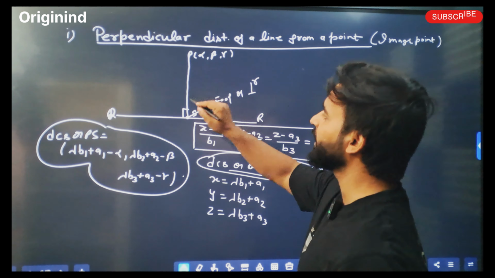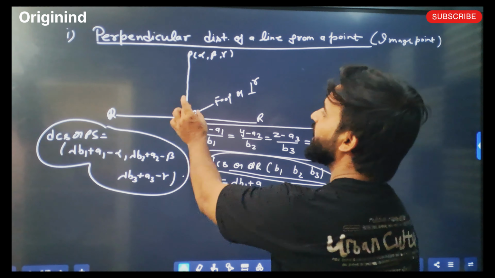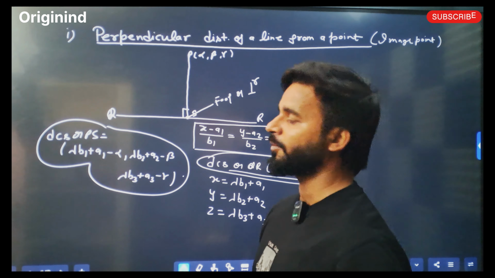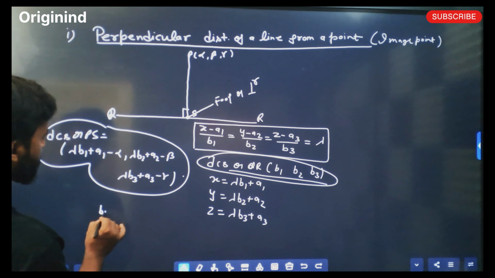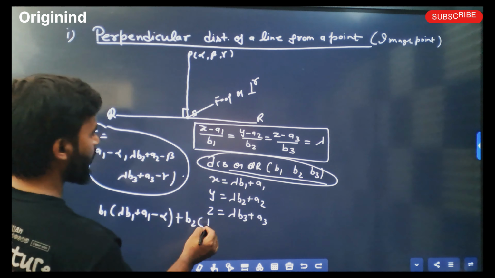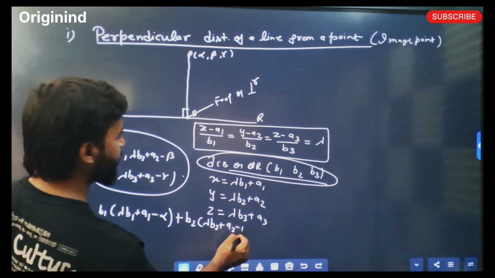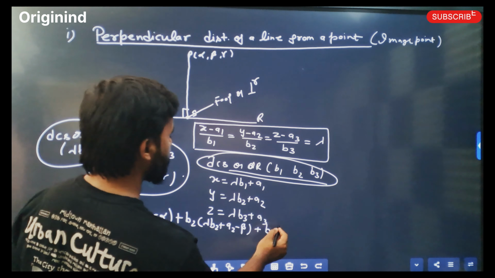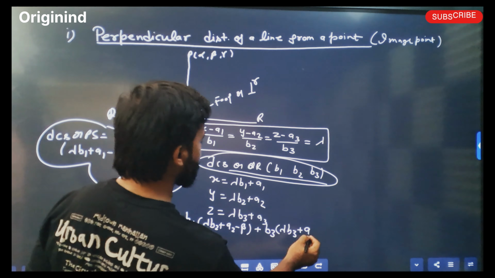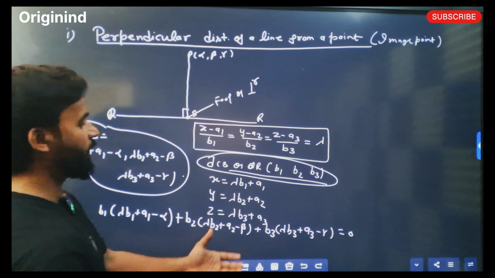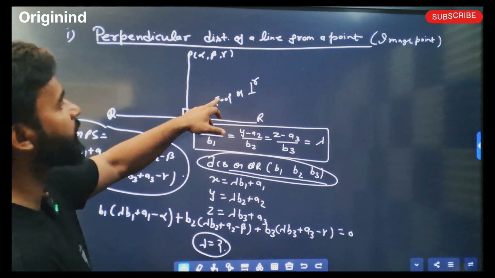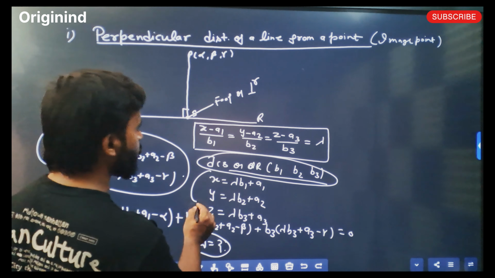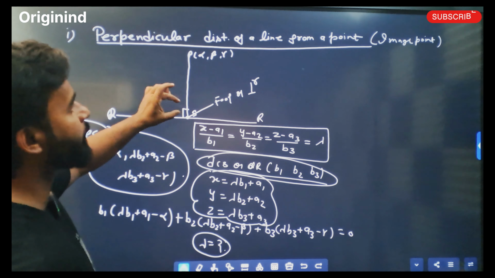Our concept is that the lines are perpendicular, so the dot product is zero: b1 times (lambda b1 plus a1 minus alpha) plus b2 times (lambda b2 plus a2 minus beta) plus b3 times (lambda b3 plus a3 minus gamma) is equal to 0. When equal to 0, you get the value of lambda, and when you put it in this point, you get the foot of perpendicular.